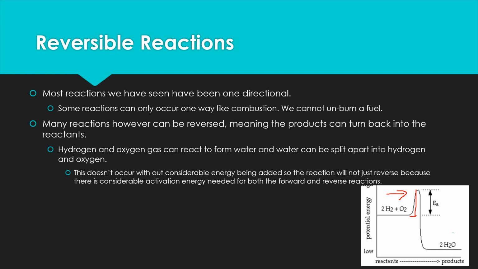But if we reversed it and took water and made it back into hydrogen and oxygen gas, that is an even higher activation energy. So it's not just going to always happen on its own, but when we have a reaction where this hill is not so dramatic, where the products and reactants have lower activation energies, it's much easier to be reversible.